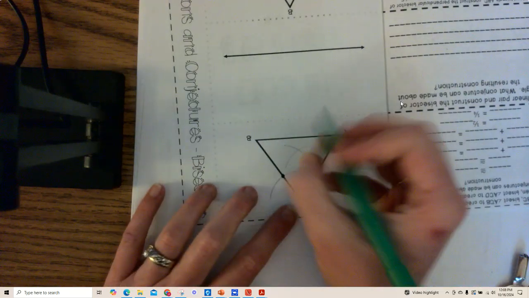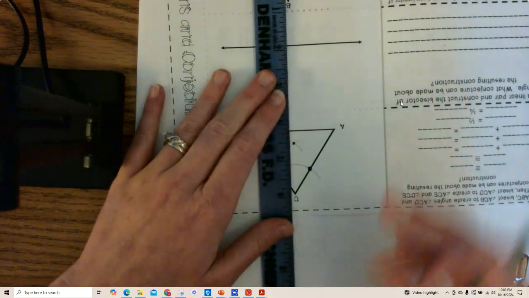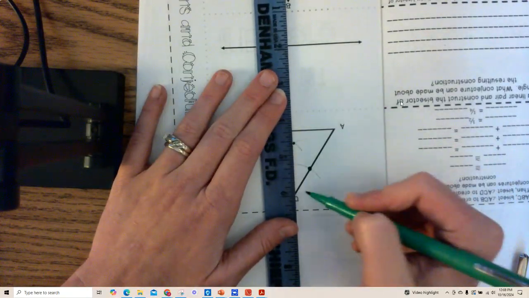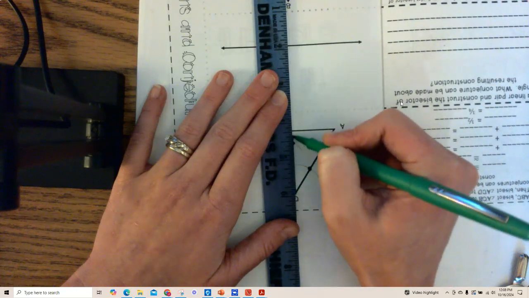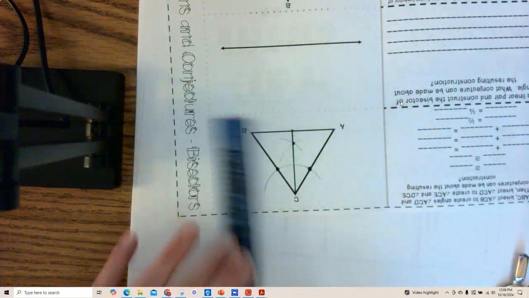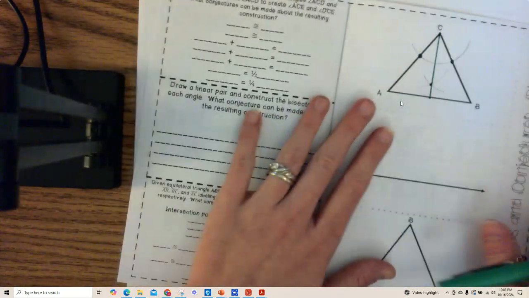And then where they cross, that's the connect the dots point. And so I connect that with the angle I bisected, and I'm going to stop at the edge of the triangle. So I'll let you get that part done and then we'll go from there.